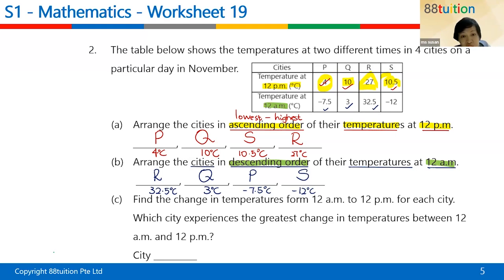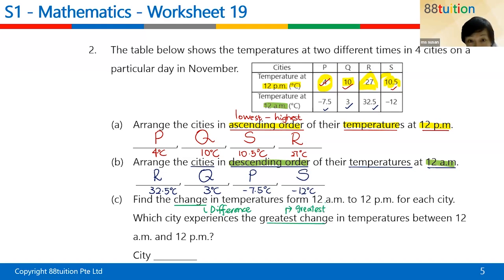This one we did some revision last week already. Very careful with all the differences. So the change here refers to difference. And for each city to compare. So he wants the greatest difference. That's what they ask for.